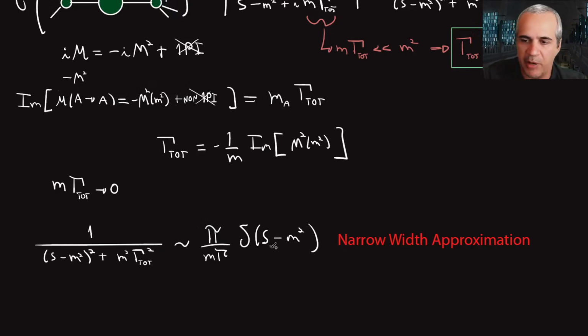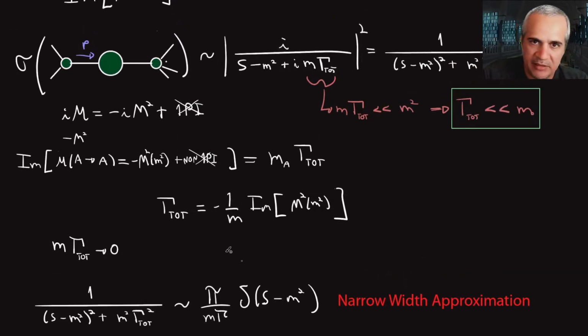Because there's a lot of particles that really are produced, live long enough, and remember, low width means long lifetime, so that they always go on shell long before decaying. So particles that have a good narrow width approximation allow us to factor production from decay.